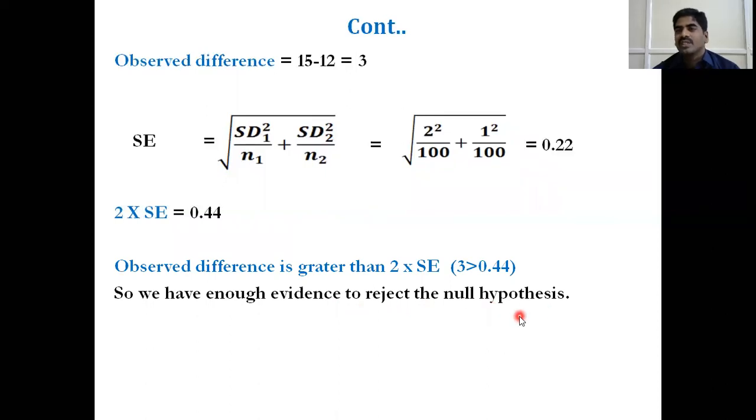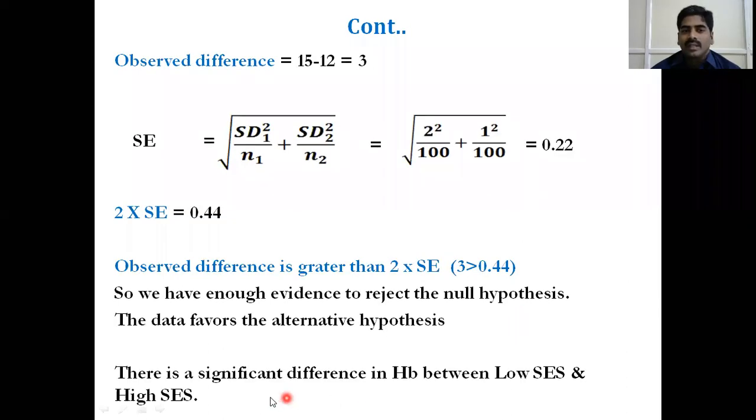What is the null hypothesis? No statistical significance between mean hemoglobin of the low and high socioeconomic status groups. We proved that there is a significant difference in hemoglobin levels between low socioeconomic status and high socioeconomic status.